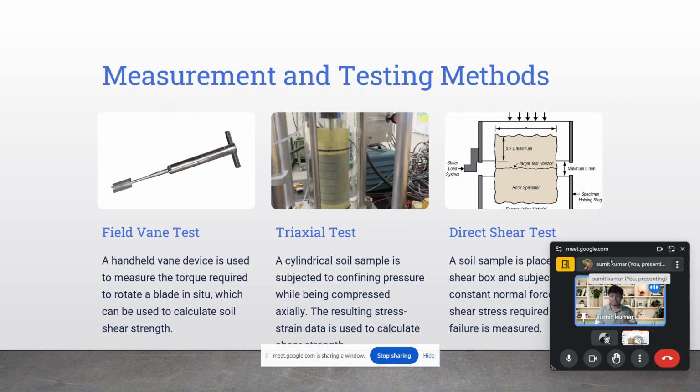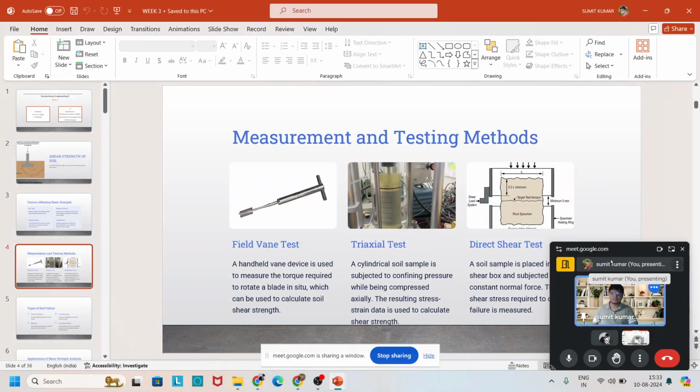In the field vane test, a handheld vane device is used to measure the torque required to rotate the blade in situ, which can be used to calculate the soil shear strength. And in a triaxial test, a cylindrical soil sample.